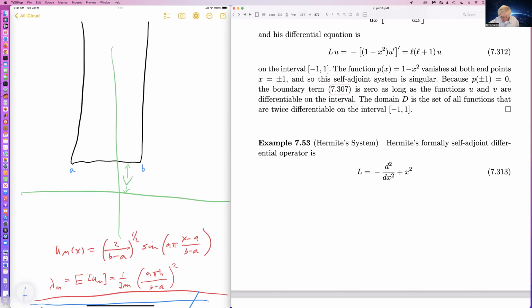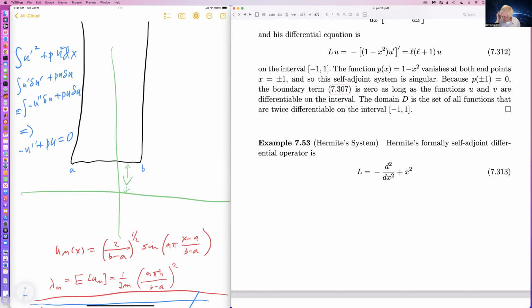You have something like an integral of u prime squared plus maybe p u squared dx, and you want to be able to conclude from that something like u prime variation of u prime plus p u variation of u, and so that is minus u double prime variation of u plus p u variation of u, and you want to be able to say that therefore minus u double prime plus p u is equal to 0.